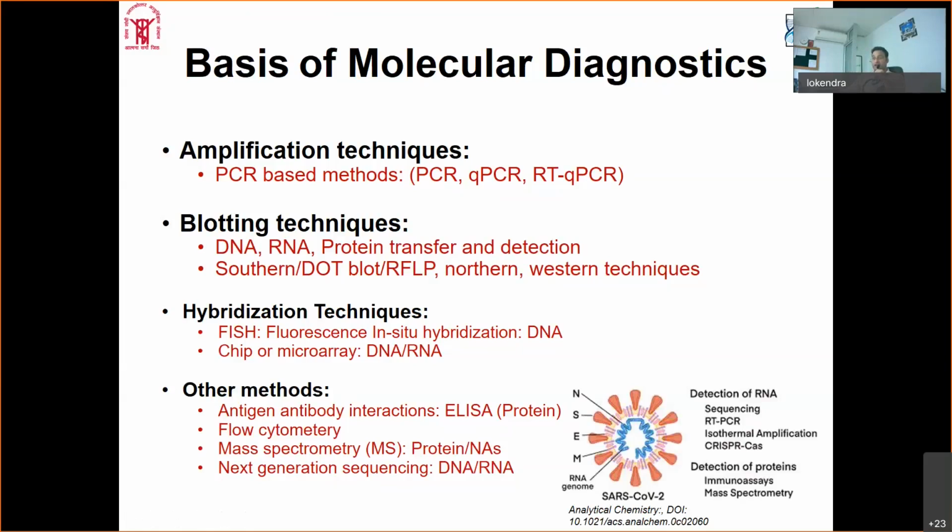And I think when we talk about molecular diagnostics, it has everything. This is a typical representation of SARS-CoV-2, and it has various components: nucleocapsid, spike protein, envelope protein, membrane protein.